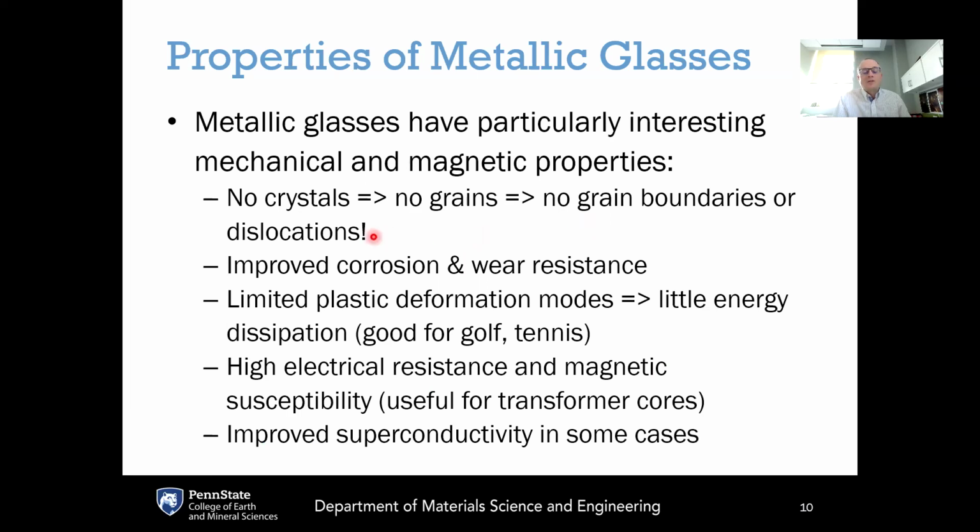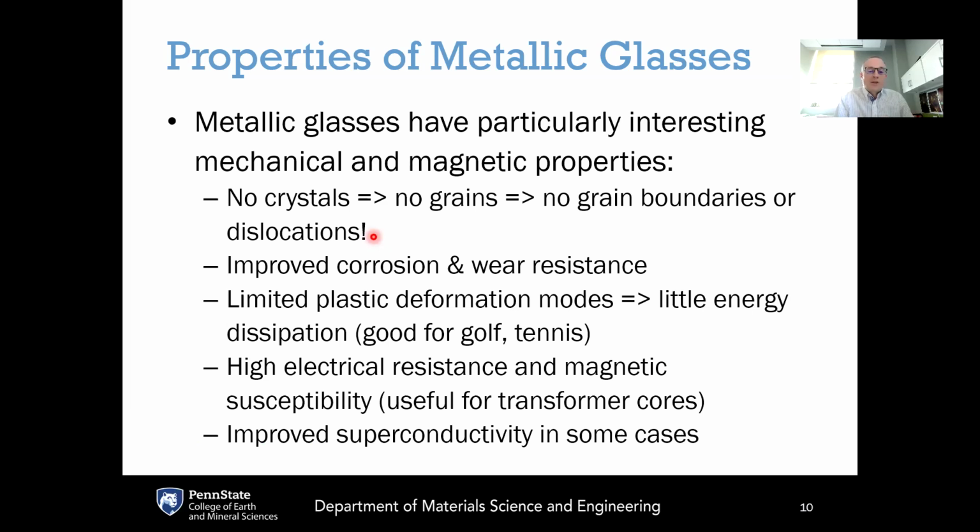The surface of metallic glasses is also smoother compared to the surface of crystalline metals because of the lack of grain boundaries. So you can have more atomically smooth surfaces with metallic glasses. They also have excellent corrosion resistance, mechanical wear resistance, and limited plastic deformation modes because of the lack of dislocations and grain boundaries. That means that there's little energy dissipation.